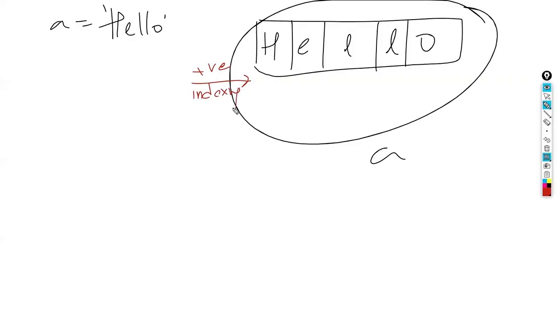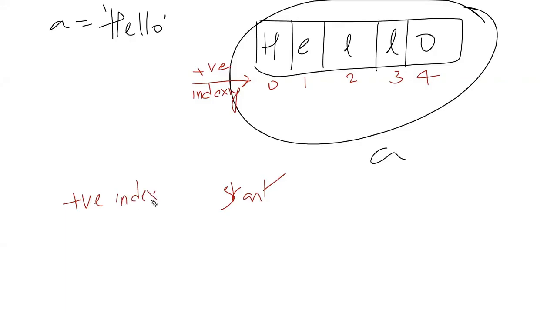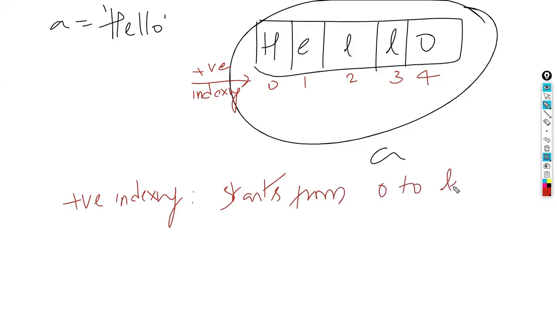You are going to have the positive indexing. The positive indexing starts from 0, 1, 2, 3, 4. So the positive indexing starts from 0 to length minus 1, the length of the string minus 1.